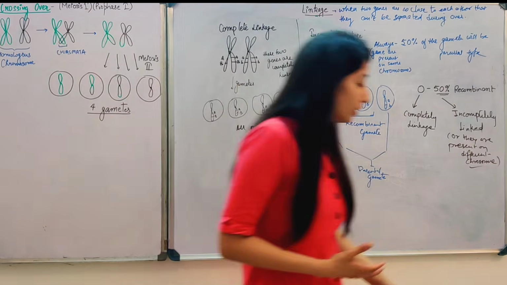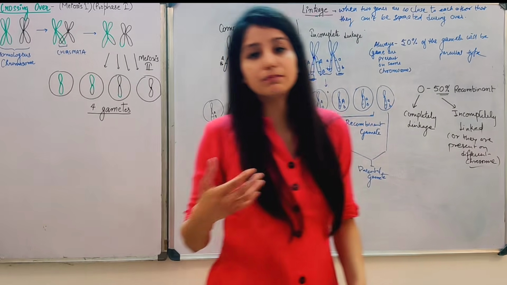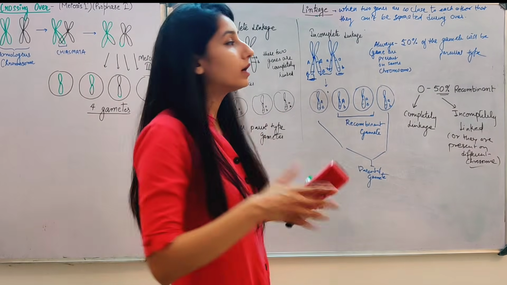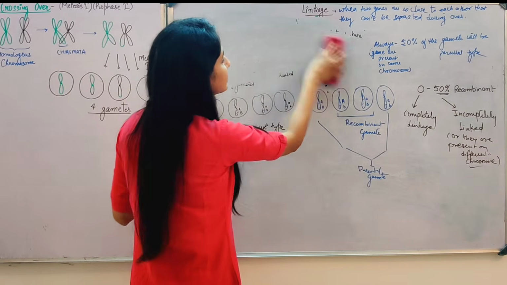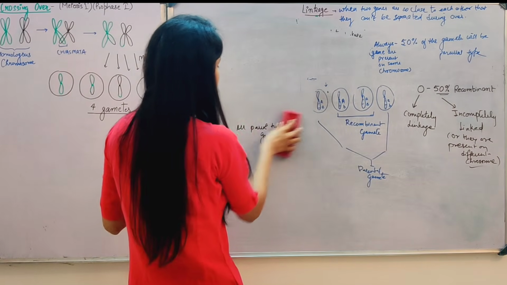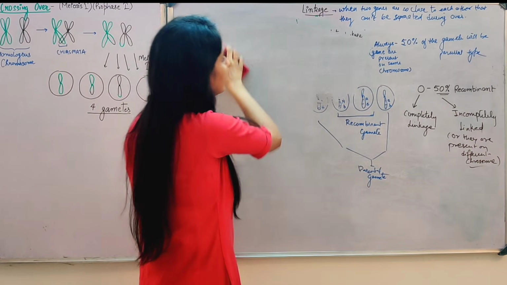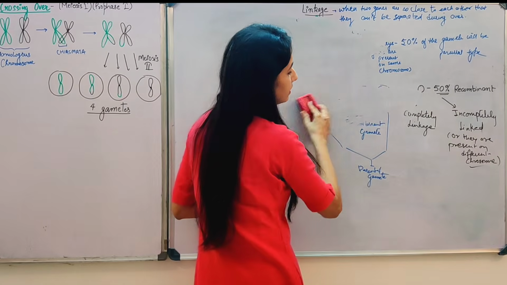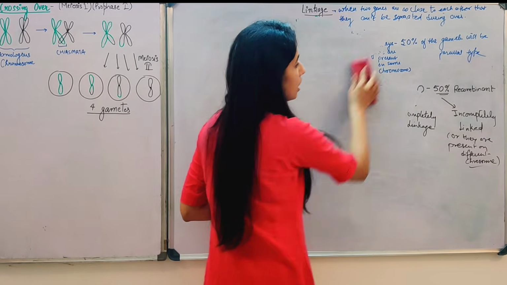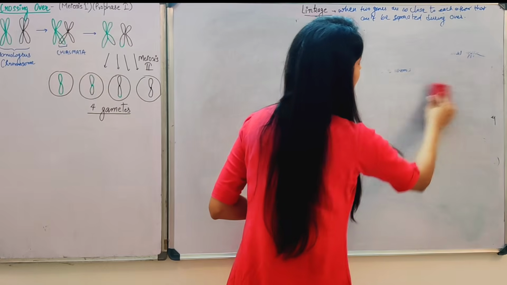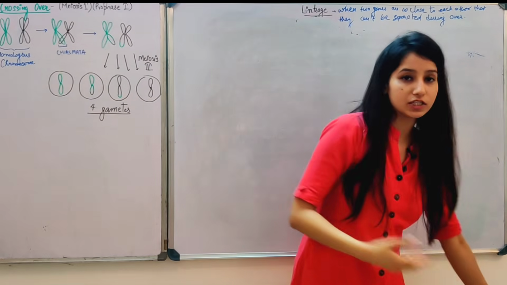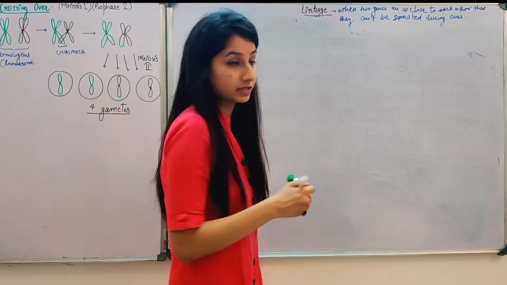Okay. So now what if we want to find the percentage of recombinants, or the recombinant frequency? Is there any formula for that, so that we can find how many recombinant percentages of the gametes there are? Yes, there is a very simple formula to find the recombinant percentage.